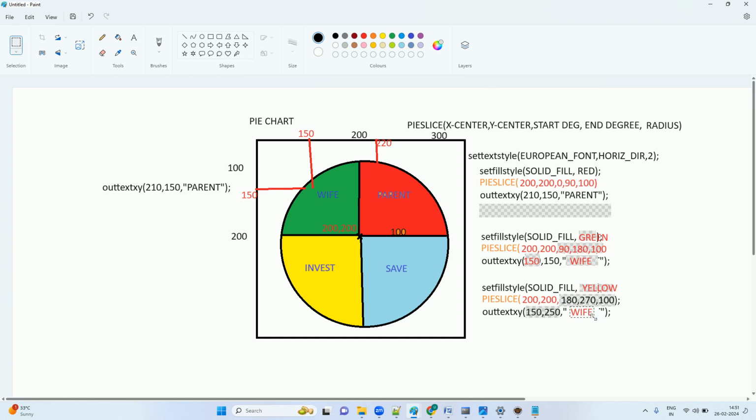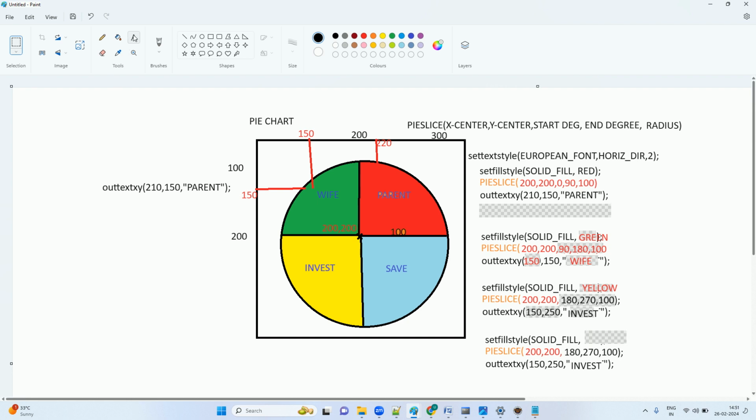And the last one, you will tell me. So, what will you do in the last one? So, flood fill blue. Okay.